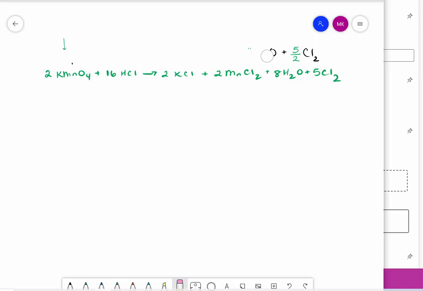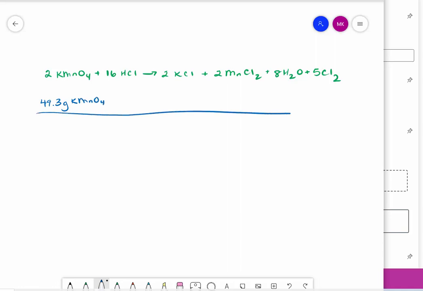So now I'm going to start with that 49.3 grams of KMnO4. And first I'm going to draw out the dimensional analysis and then we'll fill in the details. So I need grams of KMnO4 in the denominator, and I need to convert that into moles of KMnO4.